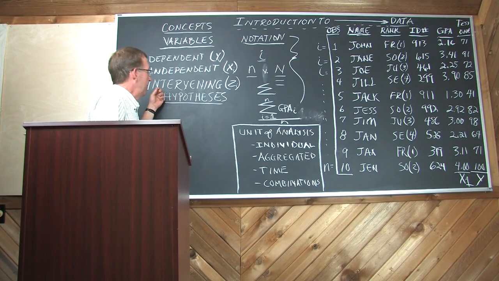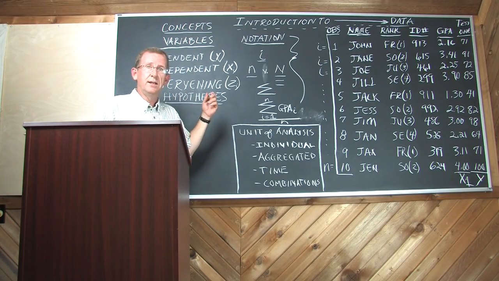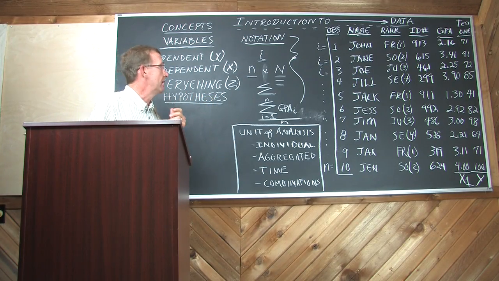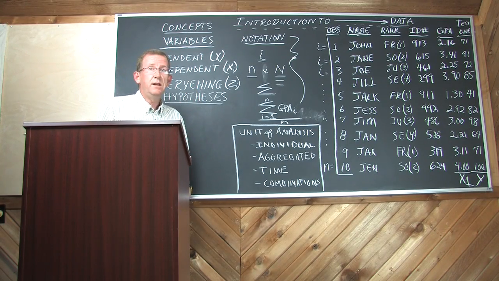A third kind of variable that we'll see, and I'll give us several examples later, might even make one up right here on the spot, I'll label Z and call it an intervening variable.